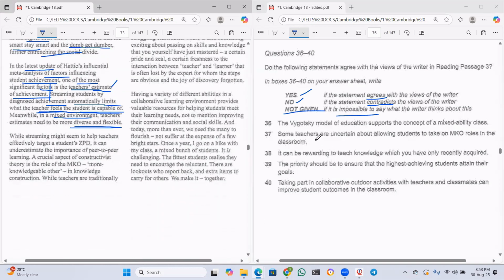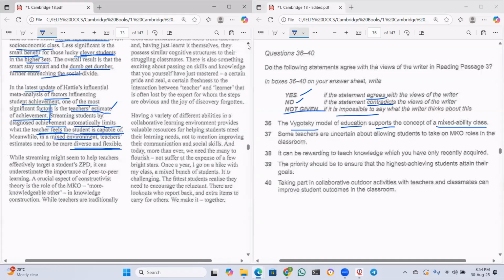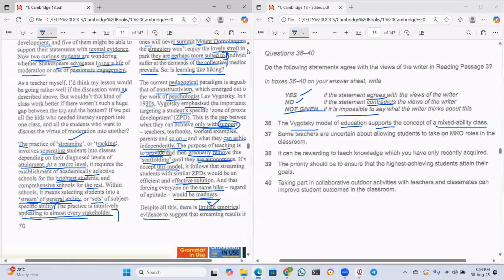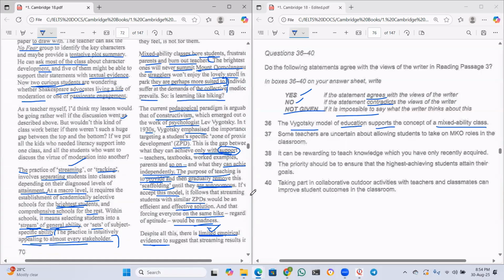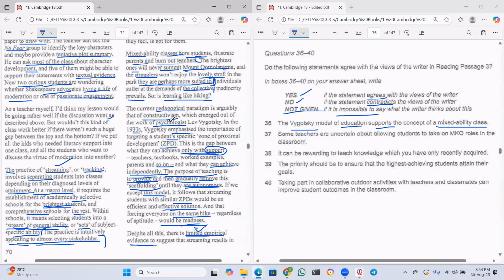Now, let us see what the first question is. The Vygotsky model of education supports the concept of mixed ability class. So he's talking about the Vygotsky model there. Let us read what is happening. The current pedagogical paradigm is arguably that of constructivism, which emerged out of the work of psychologists in the 1930s, the importance of targeting a student-specific ZPD.